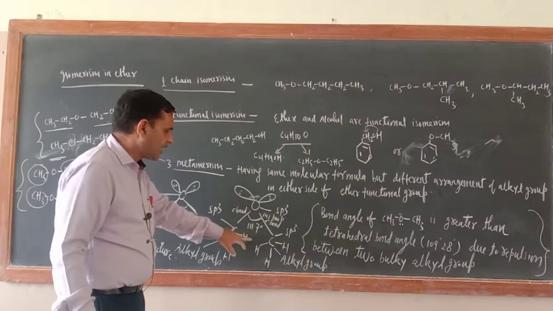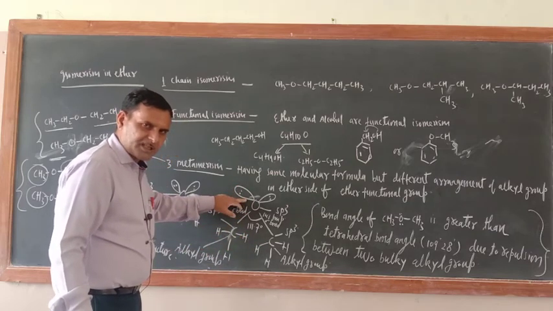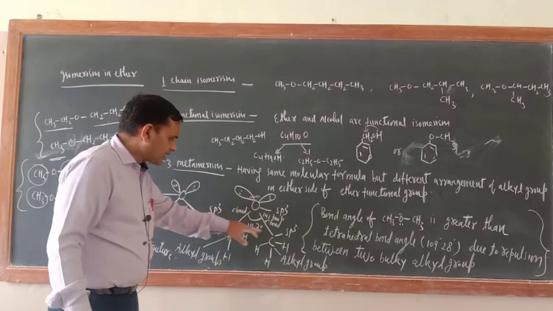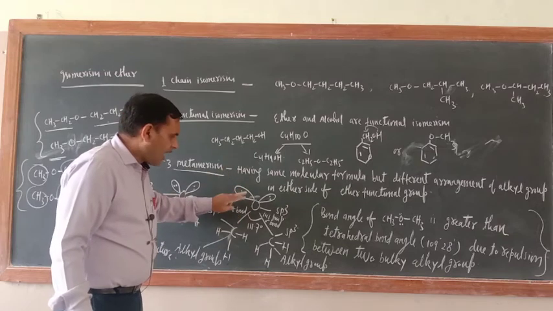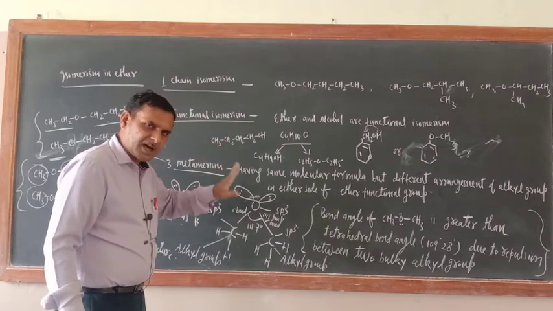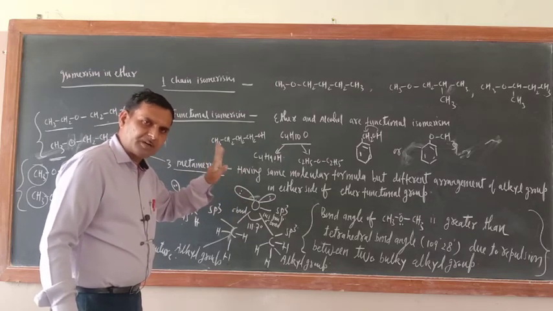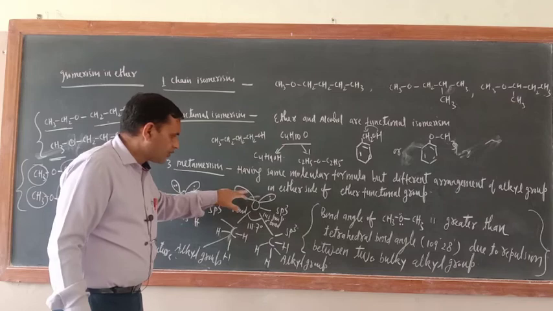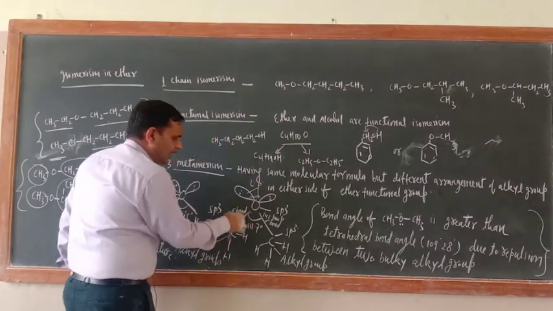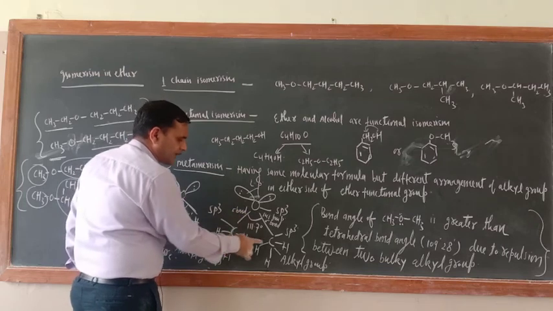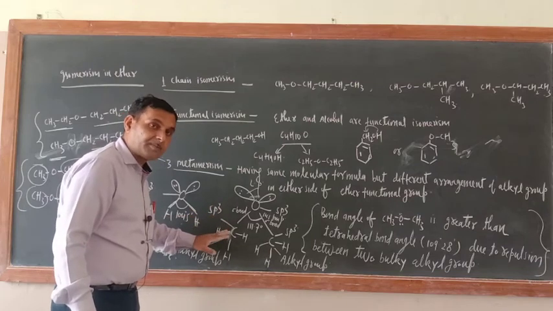Dimethyl ether, CH3OCH3. Here also oxygen is sp3 hybridized and carbon is also sp3 hybridized only. Both are sp3 hybridized. Out of 4 sp3 hybridized orbitals of oxygen, 2 are containing lone pairs. The remaining 2 will make sigma bonds with the sp3 hybridized orbitals of carbon.